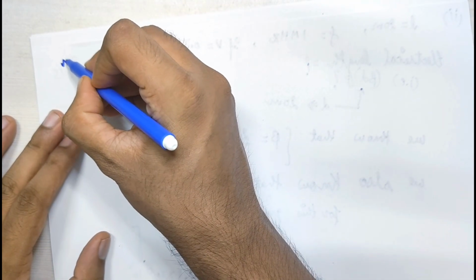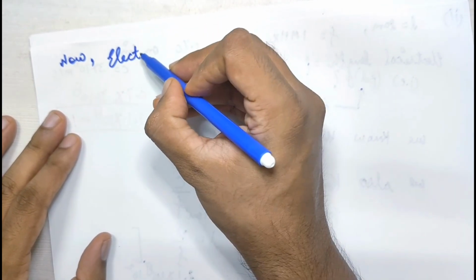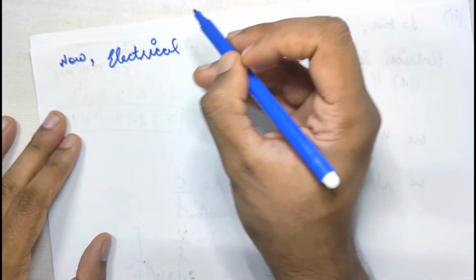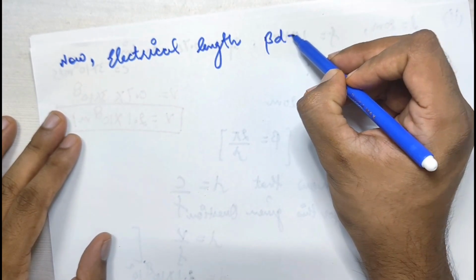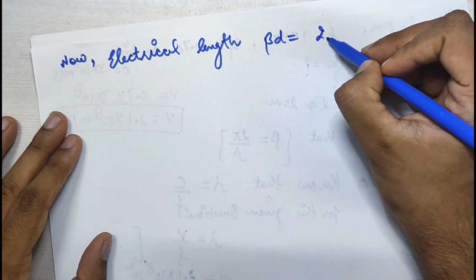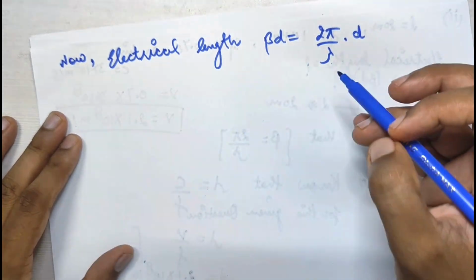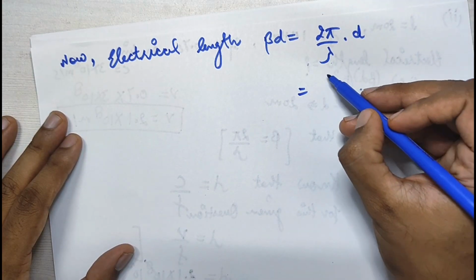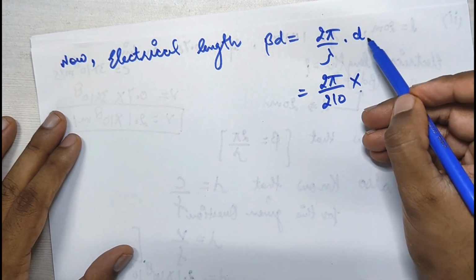Now electrical length beta d is equal to 2 pi by lambda into d. We have lambda, just we have calculated, which is 2 pi upon 210. D is given in our question.